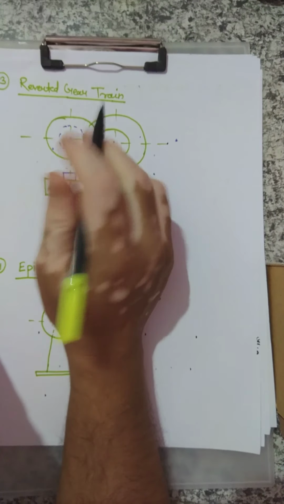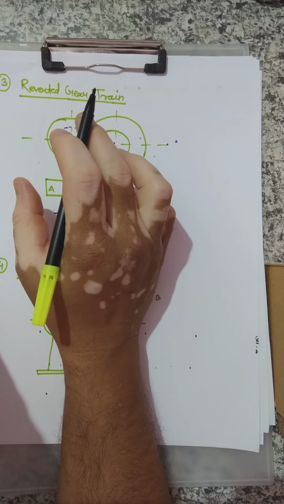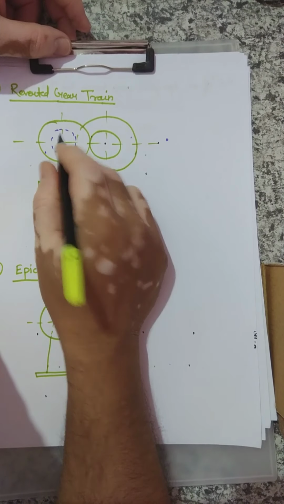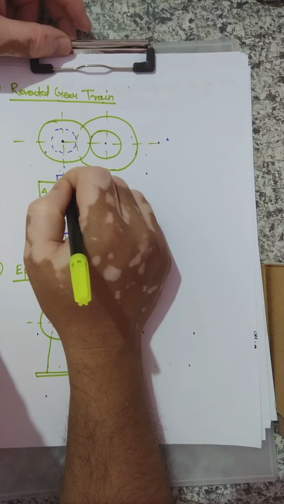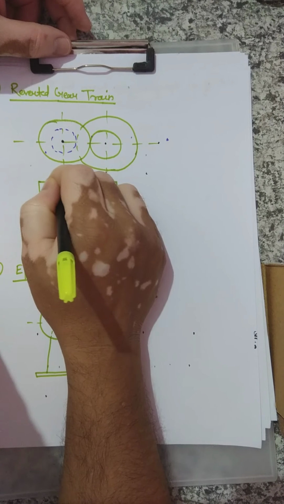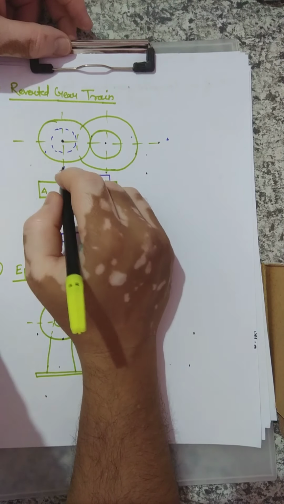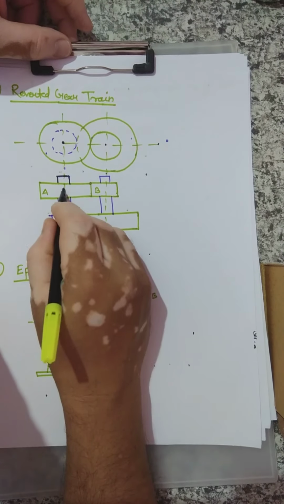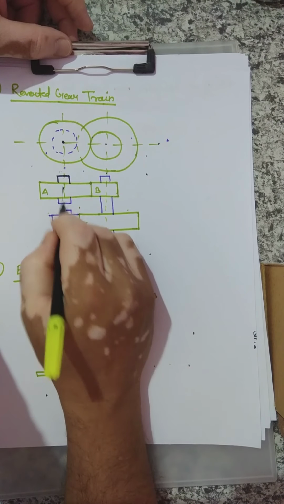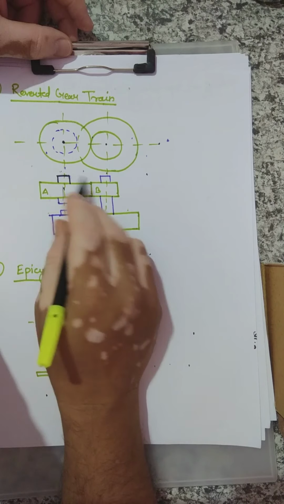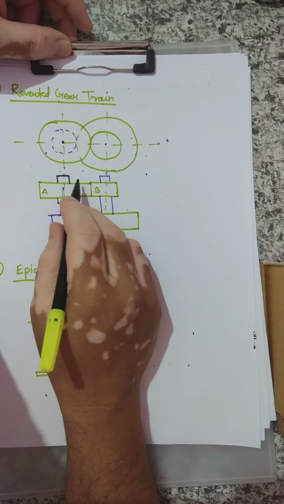But we use a reverted gear train in such a situation where we need the same axis for the input and output shafts. That means here gear A and gear D are on the same axis. The axis is the same, but we need a different gear ratio.